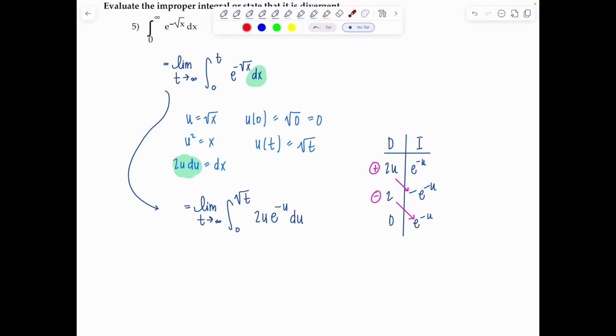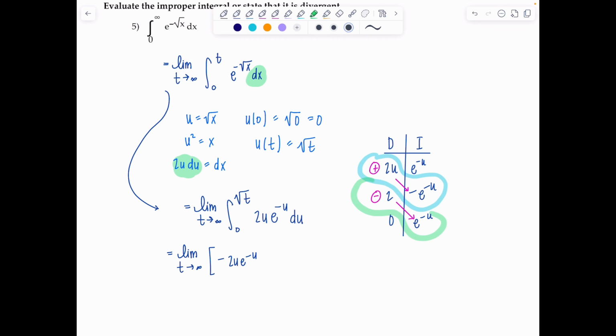I love it. Okay, so we're done. Don't forget to keep writing the limit as t goes to infinity. This first product, don't change the sign. It'll be negative 2u e to the negative u. And then we have minus, so add that extra negative, 2e to the negative u. And this is evaluated from 0 to square root of t.